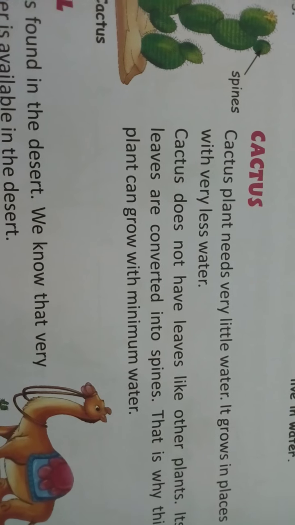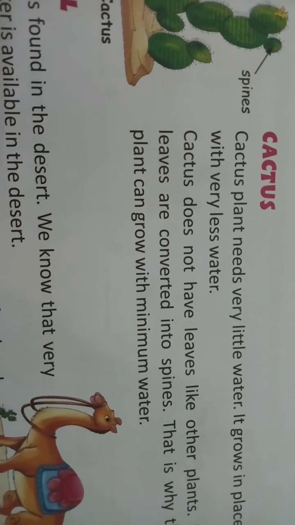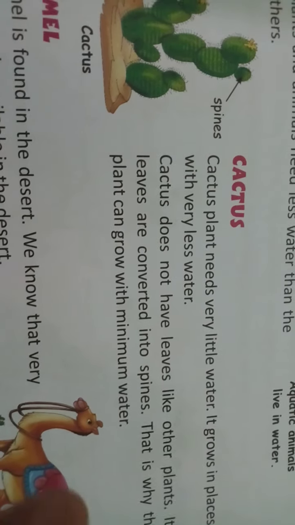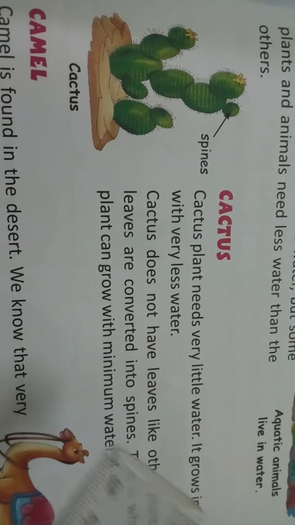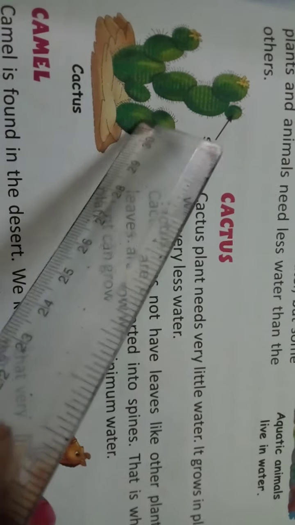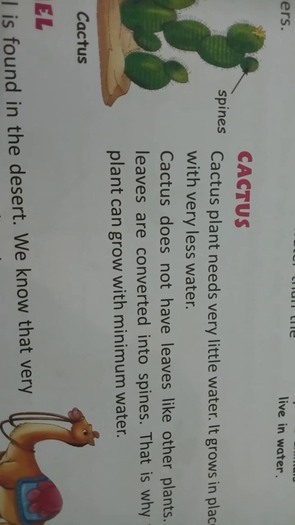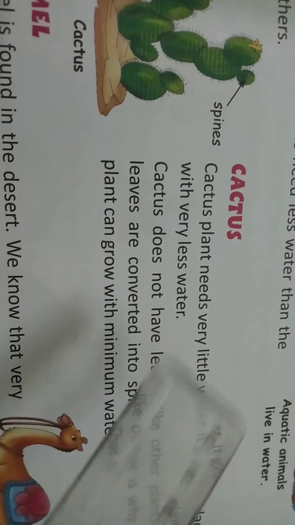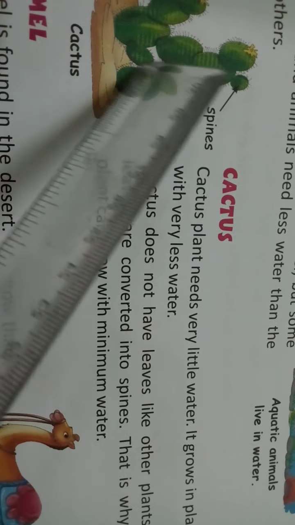It grows in places with very little water. A cactus does not have leaves like other plants. See, this thing you are looking at is not actually leaves. This is the stem.